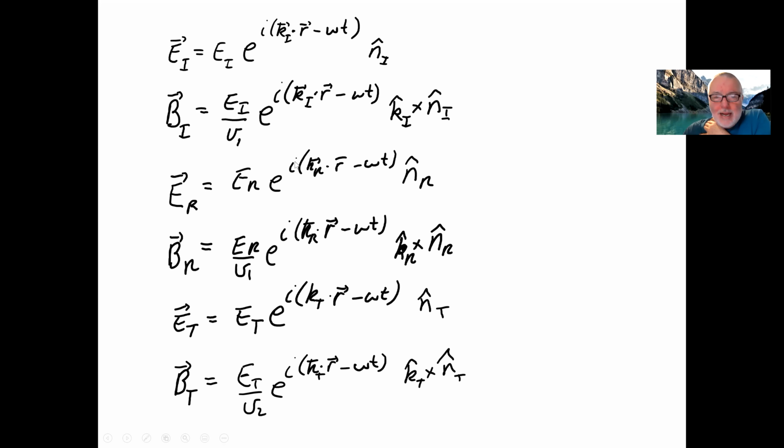And also I don't have the minus k hat r here, but in the previous example, the vector k r was minus k1 z again, which is another reason why you would write this down as minus k1 z minus omega t as opposed to k1 z plus omega t.